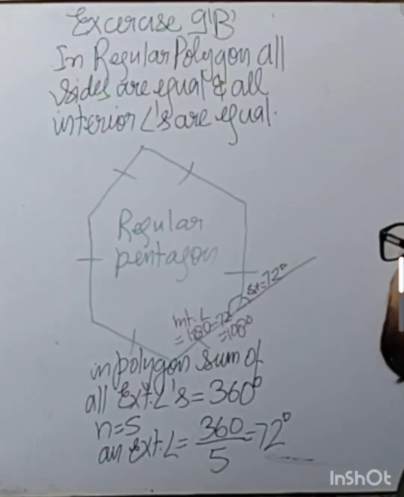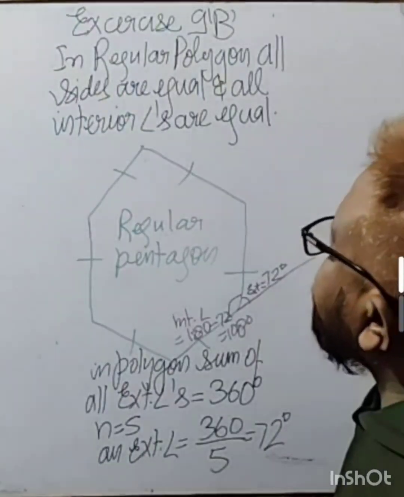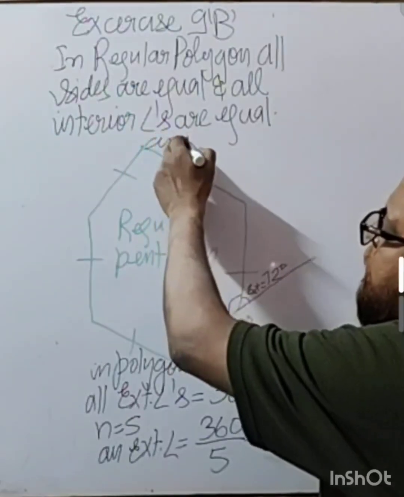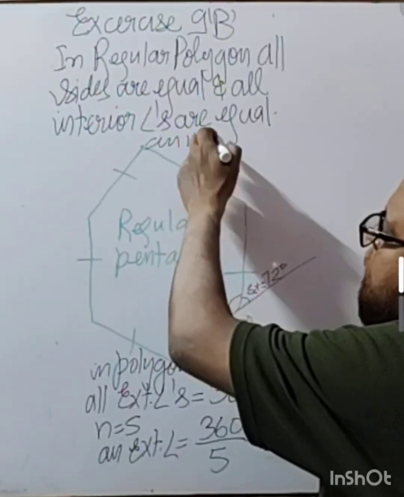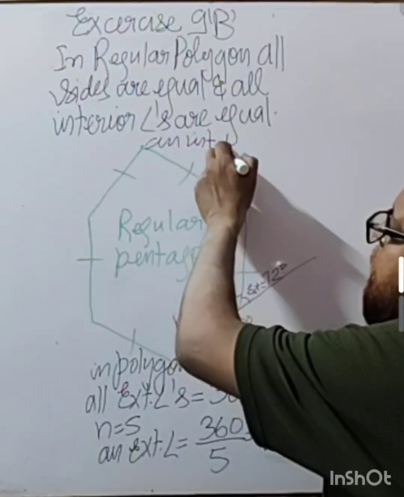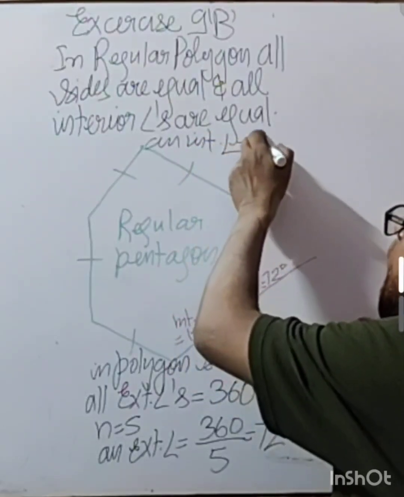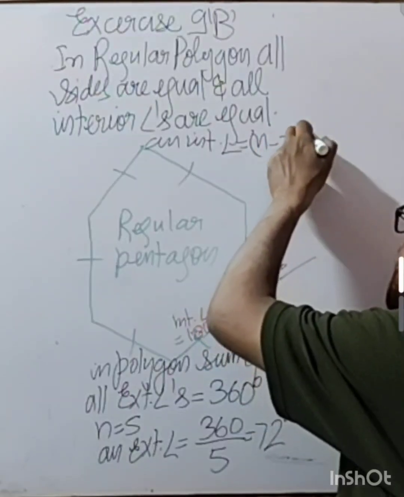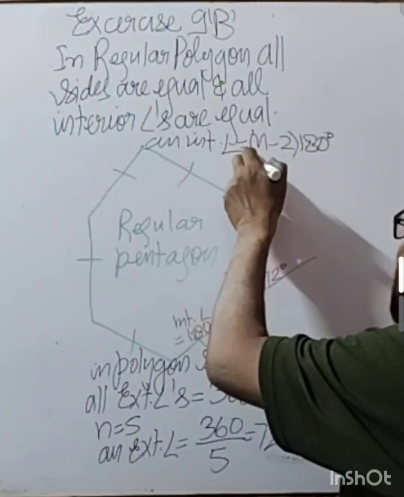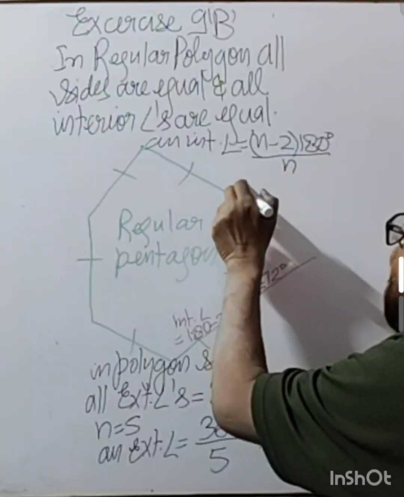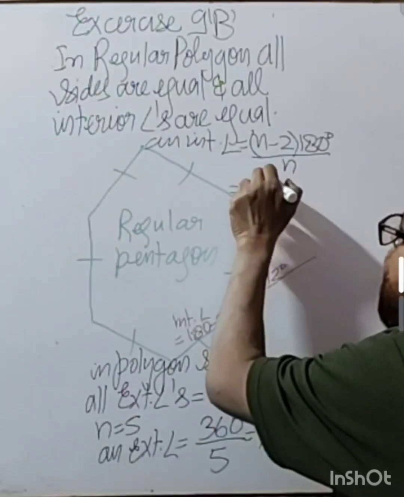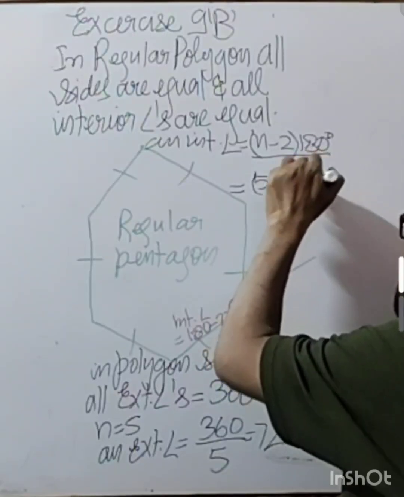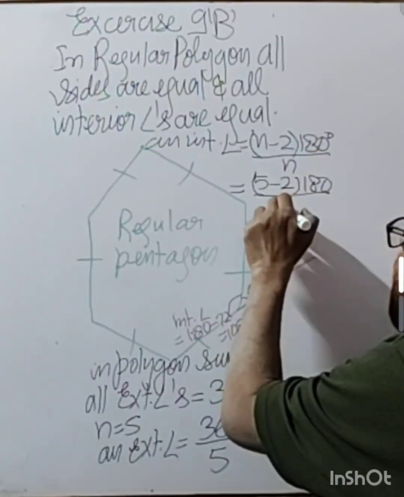Otherwise, you can get it with the formula: interior angle is equal to n minus 2 into 180 degrees upon n, right? So that is 5 minus 2 into 180 degrees upon 5.